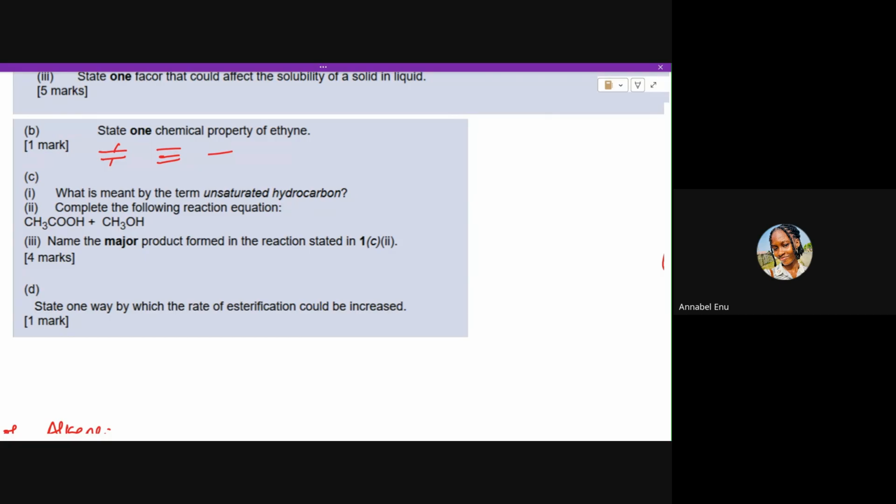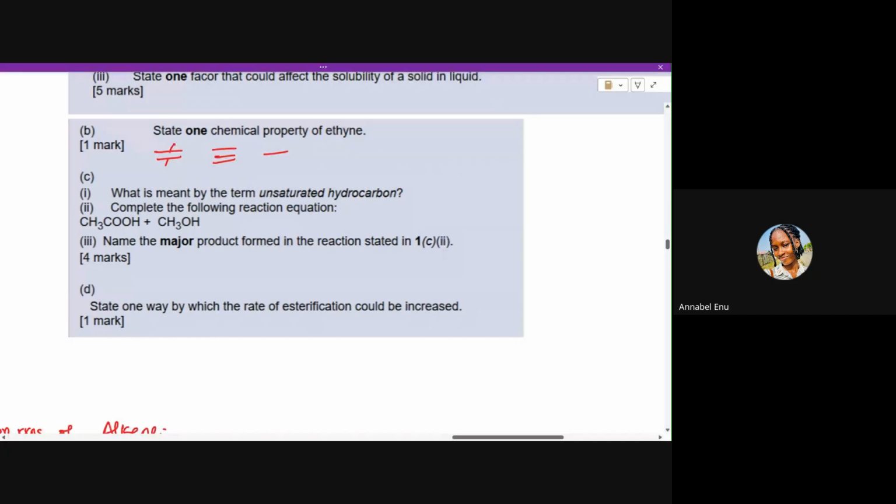We have seen a carboxylic acid. That's the functional group we can identify here. This is a carboxylic acid. Okay. And usually, when a carboxylic acid reacts with an alcohol, what we get is an ester and water.